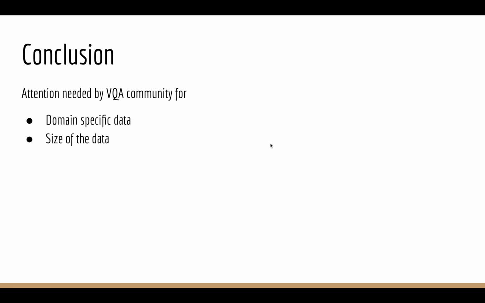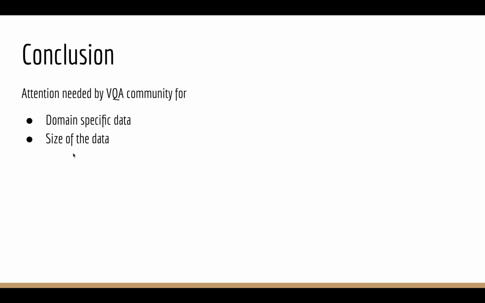Concluding VQA, we can say that there should be attention paid by the VQA community to both the concepts of domain specific data and size of the data. Firstly, even though specific datasets are collected, methods are mostly inherited, though sometimes adapted. There is no attempt at boosting optimization following a stronger domain characterization except for new kinds of data.